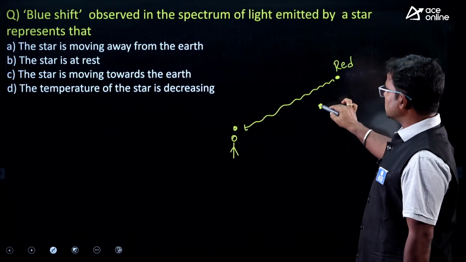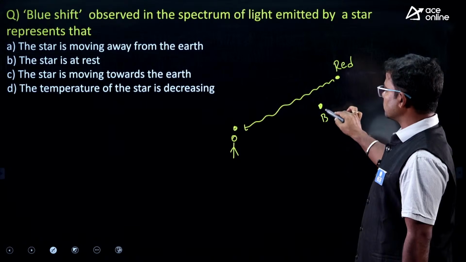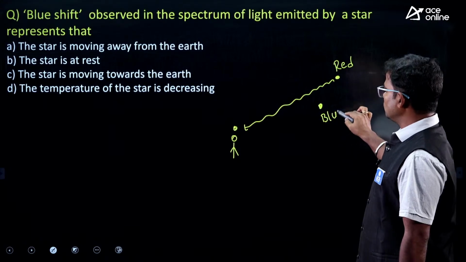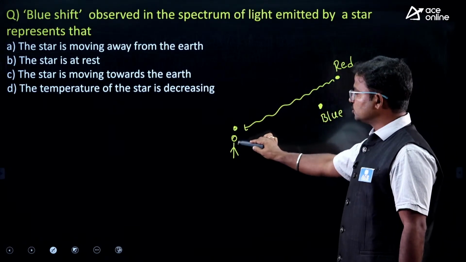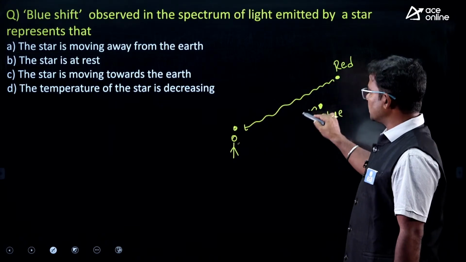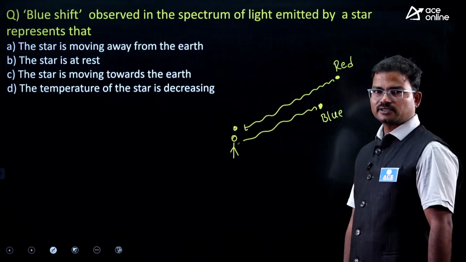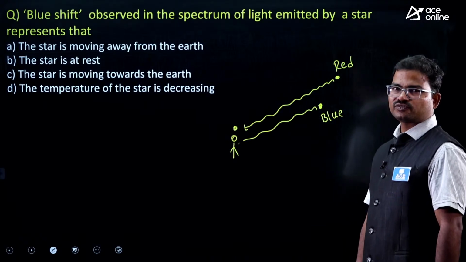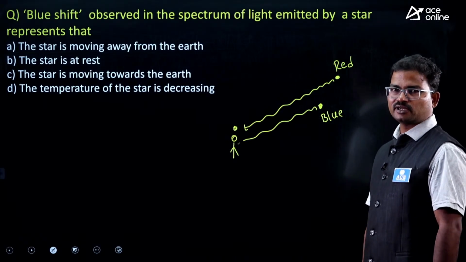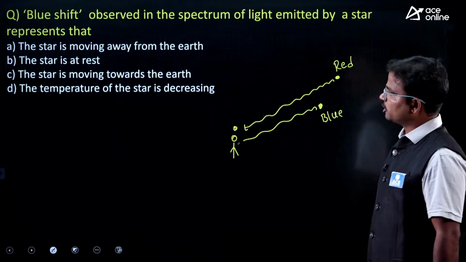If another particle shows blue color, it symbolically indicates it is very near to the observer. So finally, blue shift means very near to the observer, red shift means very far from the observer.